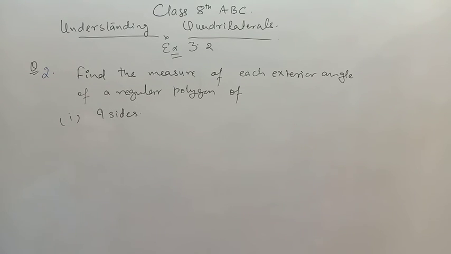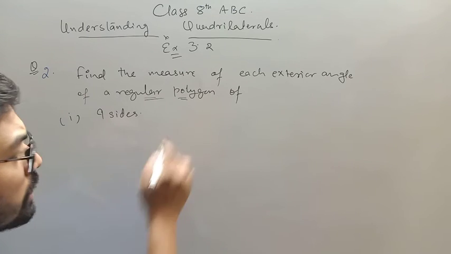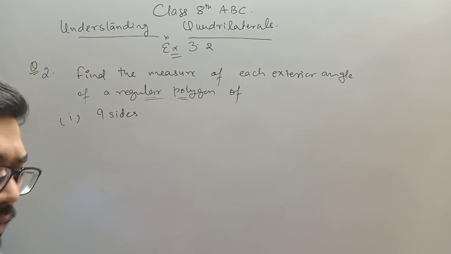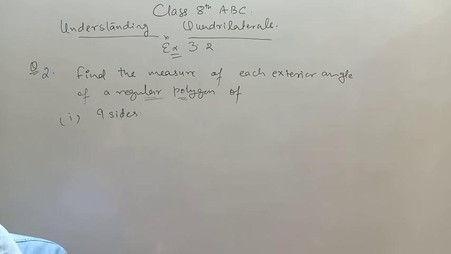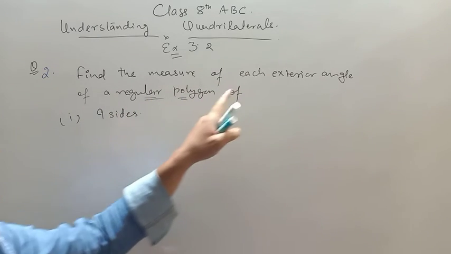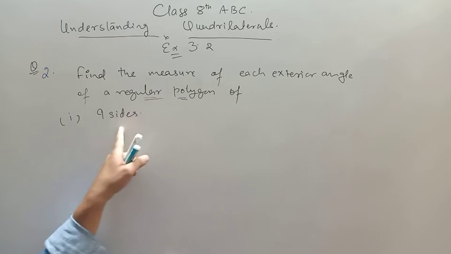Now, question number 2 of your exercise 3.2 says, find the measure of each exterior angle of a regular polygon. A regular polygon is one which has all sides equal and equal angles, right? So find the measure of each exterior angle of a regular polygon of 9 sides.